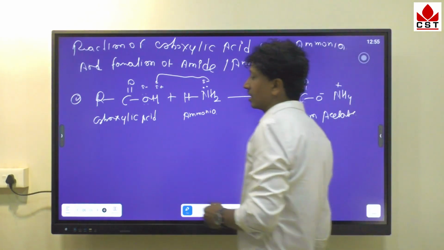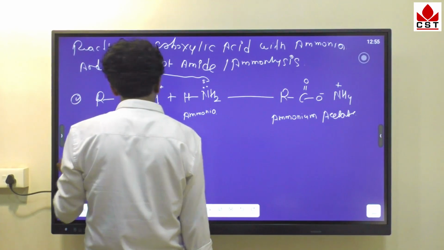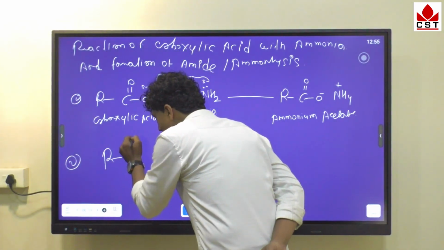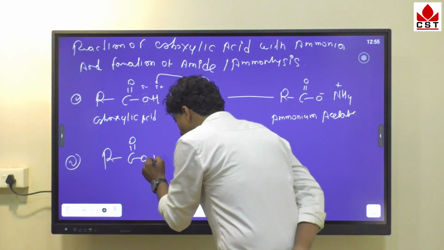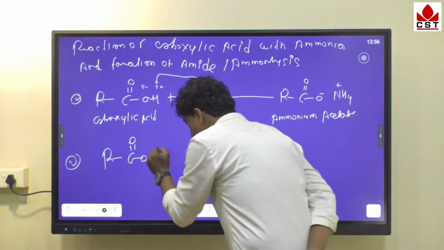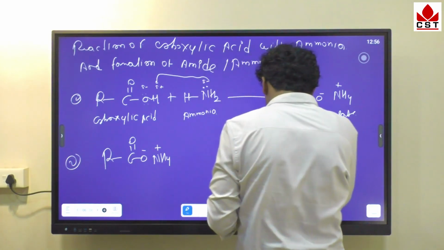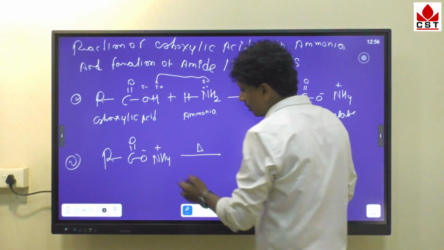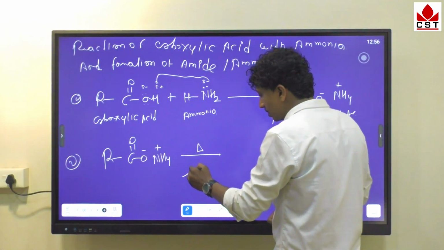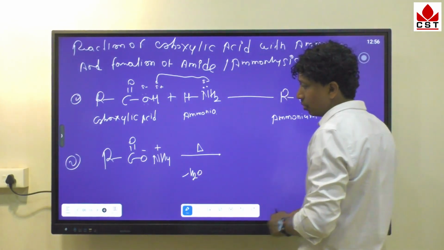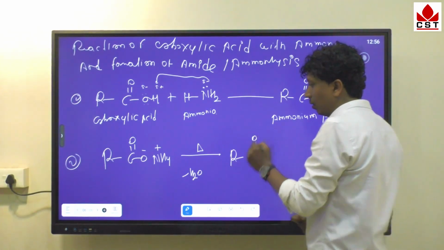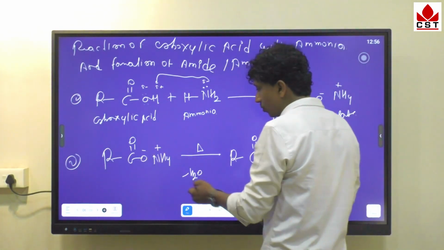So what happened in the second step? Heating of that salt eliminates a water molecule and forms the amide: 2 hydrogen, 1 oxygen, minus water.